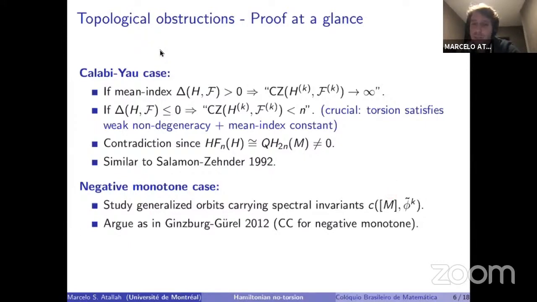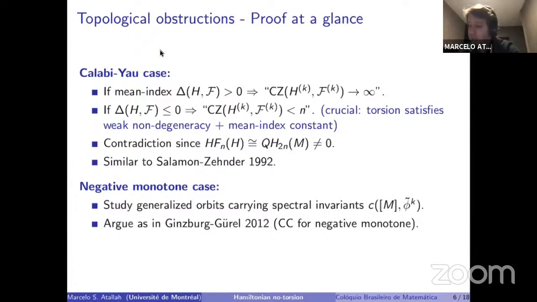And with that sequence, and using the triangle inequality satisfied by spectral invariants and the behavior of the mean index under iterations and recappings, we can find a homotopy class which has non-negative area and strictly positive first Chern class evaluation. And that contradicts the negative monotonicity of the symplectic manifold.